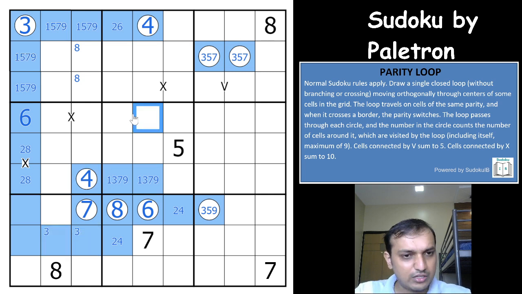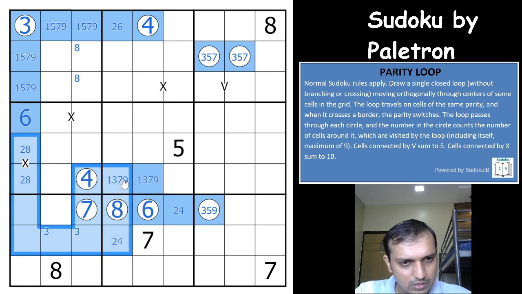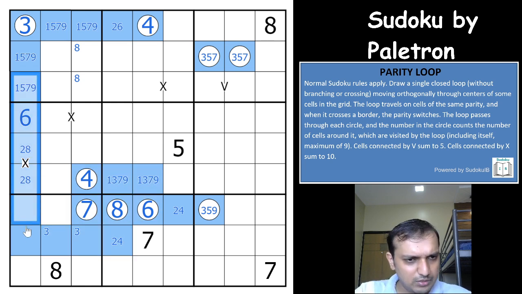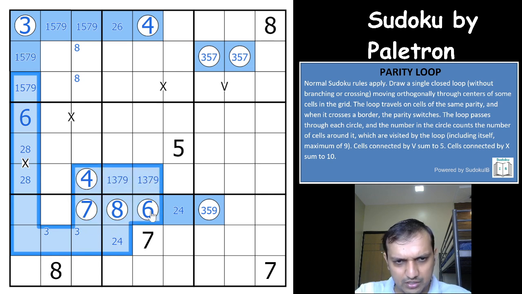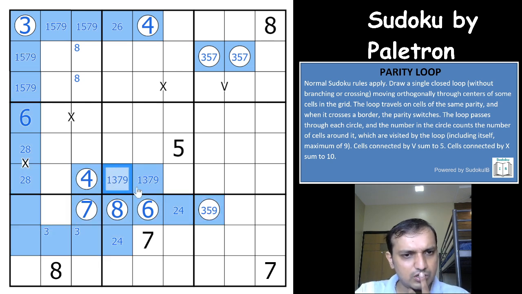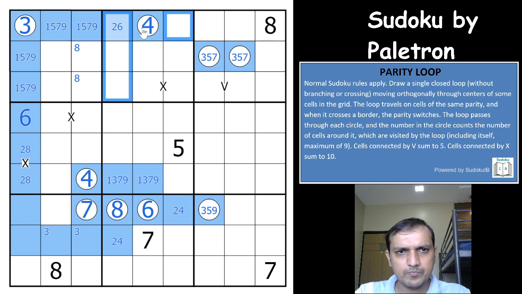The loop is quite confusing because I am not sure how to draw, but I am just showing you the path. The path is this way. It goes to the top towards the left and it comes down and this way. And from here we are not sure how it goes, but we are sure that it goes till this, right? 8 cannot be here, 8 cannot be here.